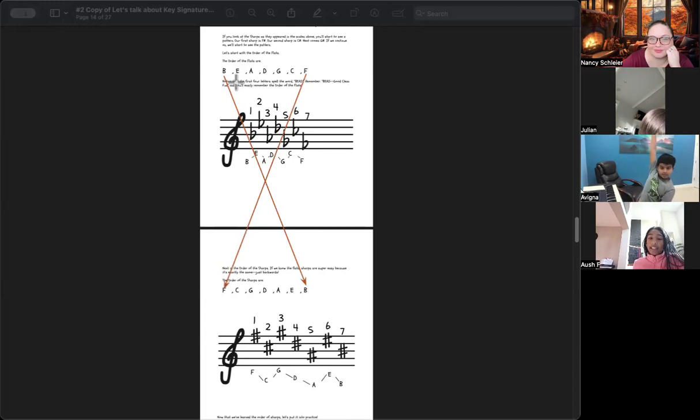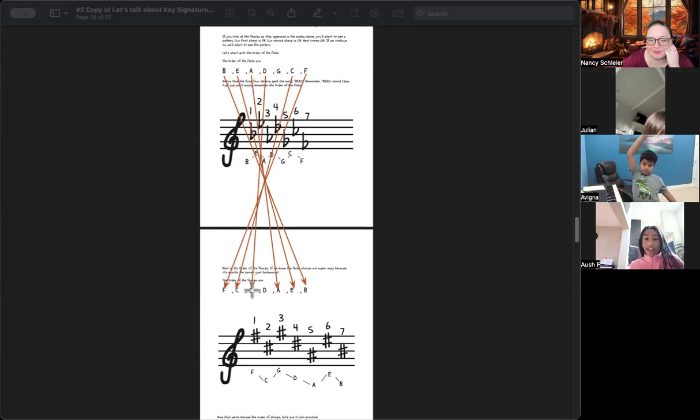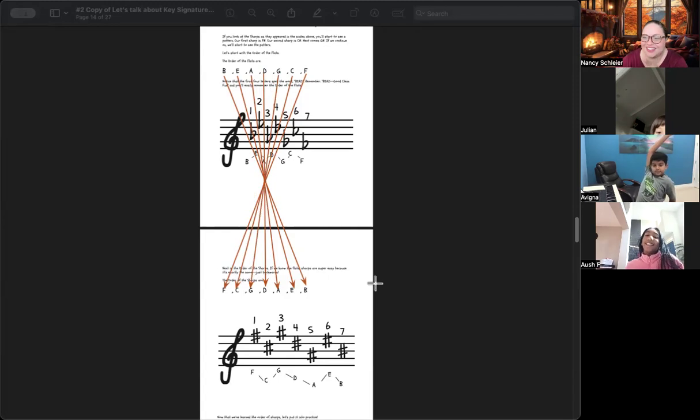And same thing with the E, just like the B, and then the C is the same thing like the F, and then the A is the same thing like the B and E, and the G is the same thing like the F and C, and the G and D. I mixed those up. Hang on. Very good. So it's exactly the same, the D stays the same, except backwards.